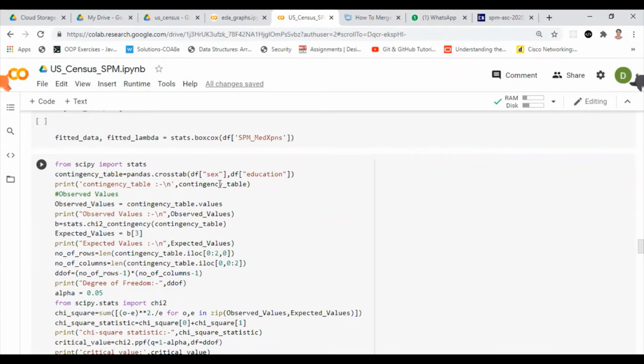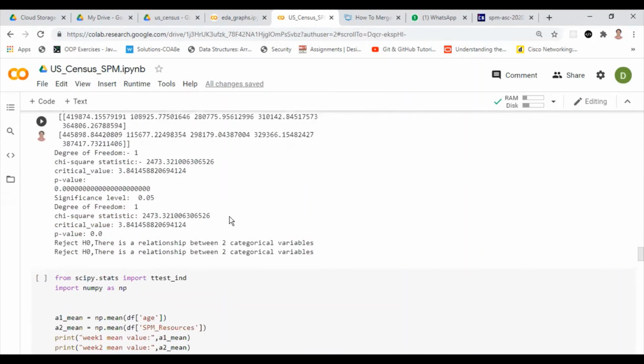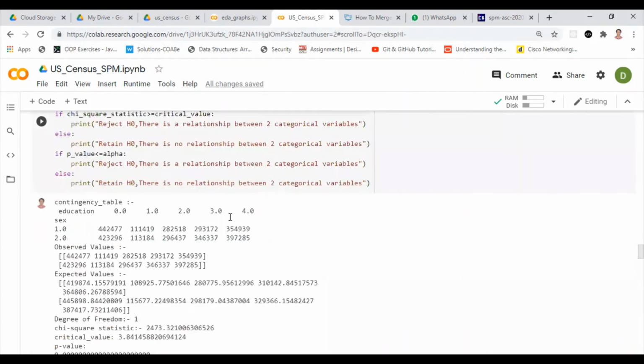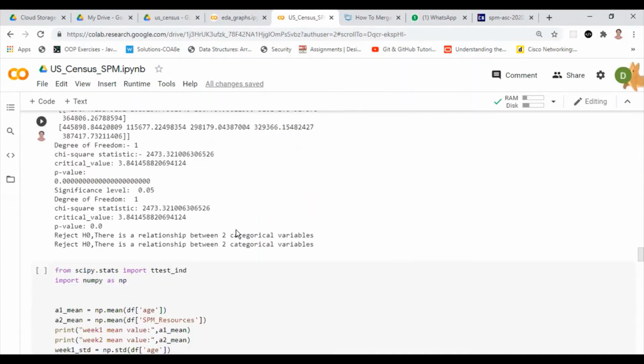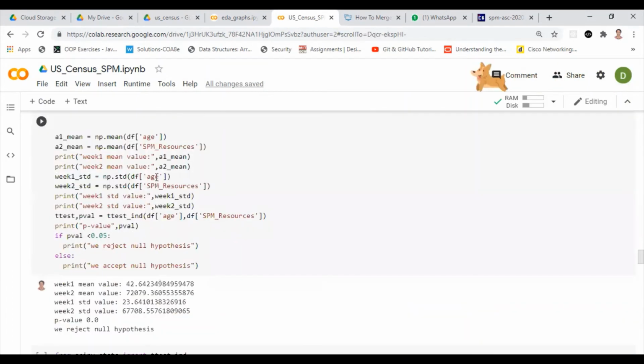Here, it can be observed that there is a correlation between age and SPM resources after the Z-test was applied on the two variables.